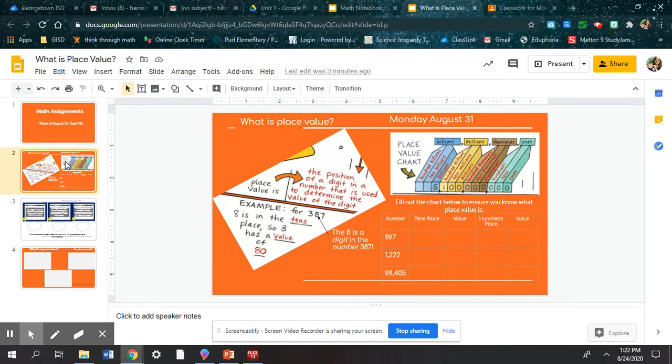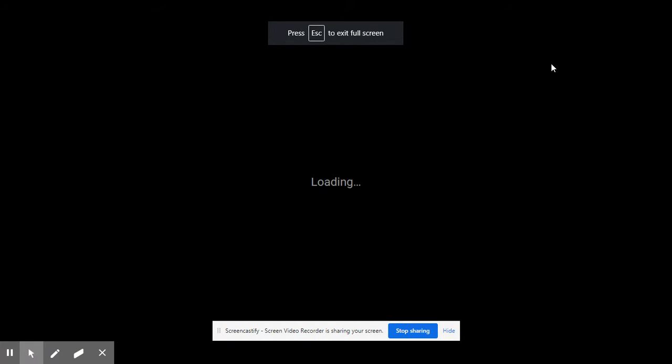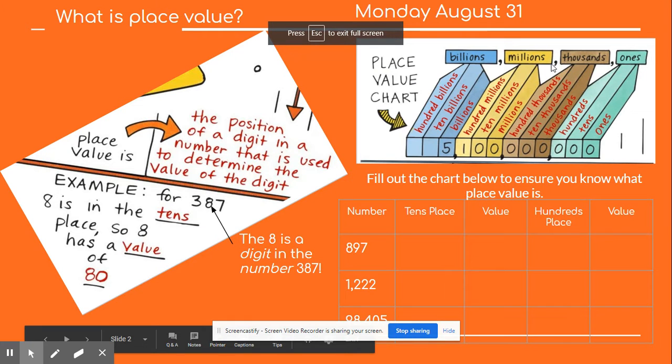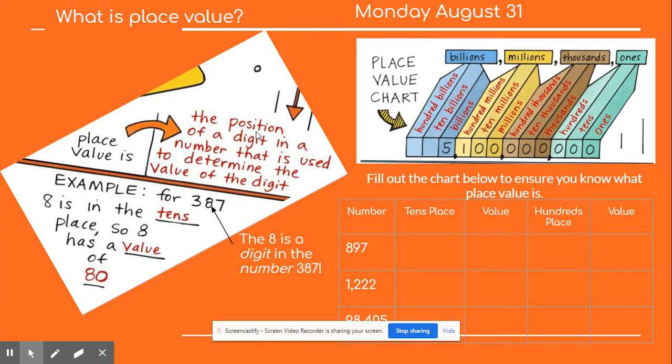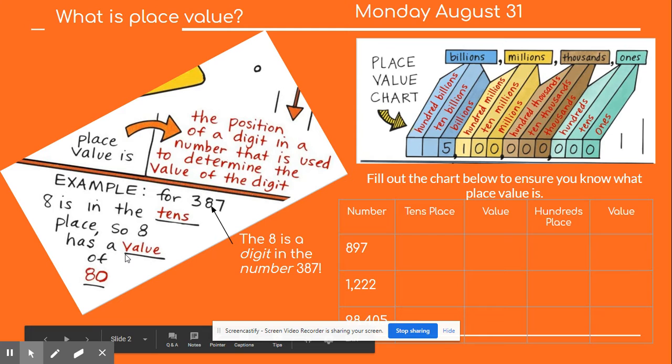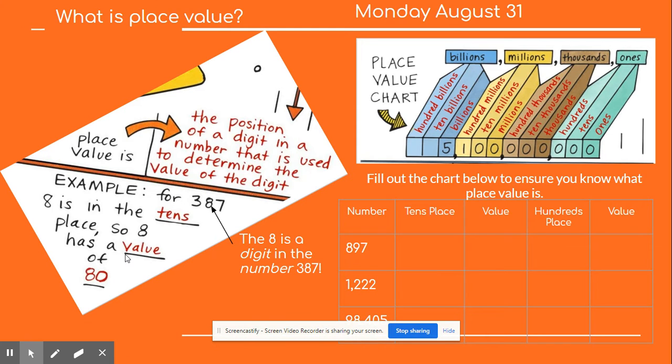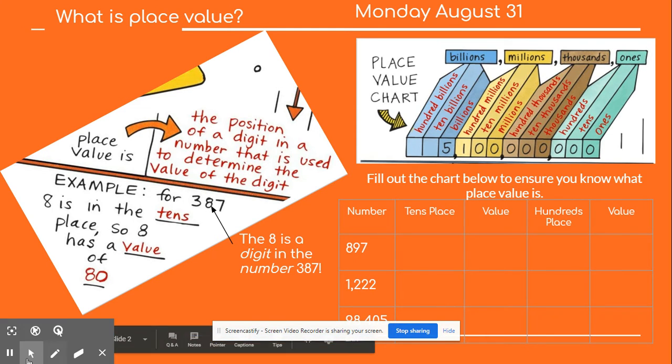So we are going to start with place value. Some of the things we're going to talk about is what is place value, and just like in the notes, it's very similar to what you have here. Place value is the position of a digit in a number that is used to determine the value of the digit, okay?